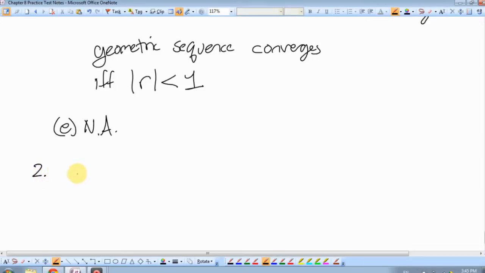We have the sequence 15, 13, 11, 9. And it should be pretty clear what's happening with this sequence, right? We seem to be subtracting 2 every time. So, adding -2. A. This is an arithmetic sequence.